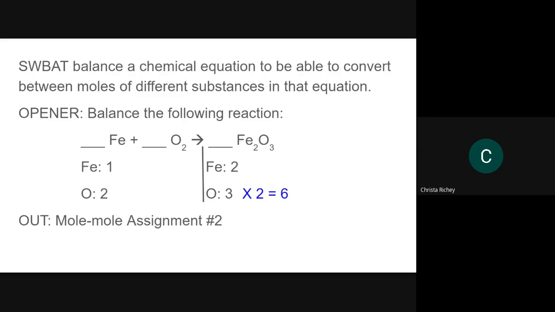It is not the total value, it is the multiplication number that needs to go up into the whole. On the right, this times 2 is going to go in front of rust. The thing that you're going to forget to do that's going to mess you up is to distribute. So I don't just have 2 times 3 oxygens. I have 2 times 2 irons, which is a total of 4.